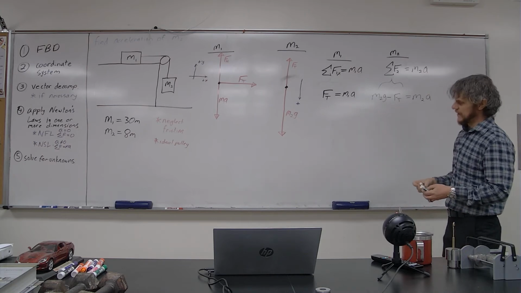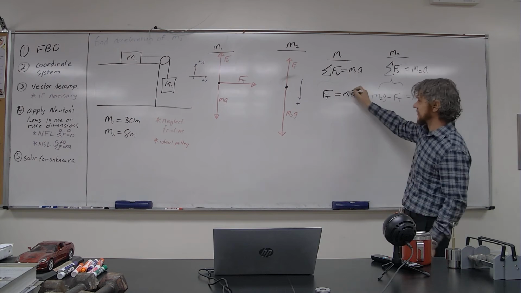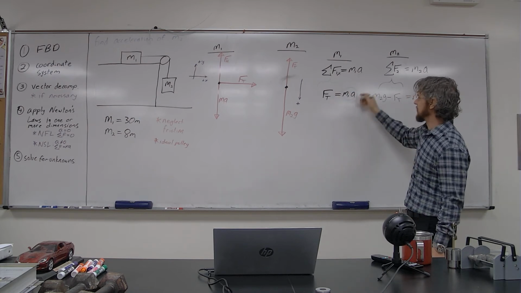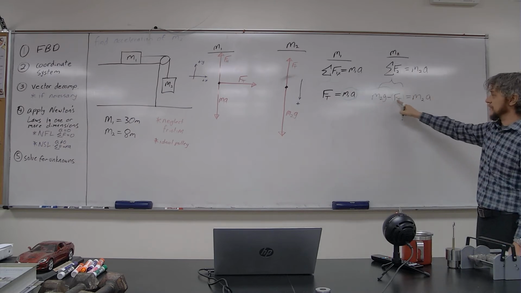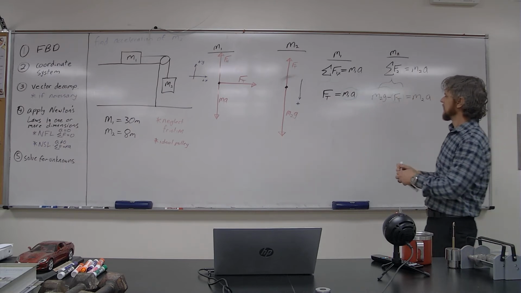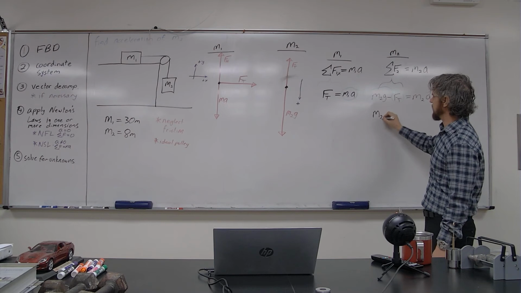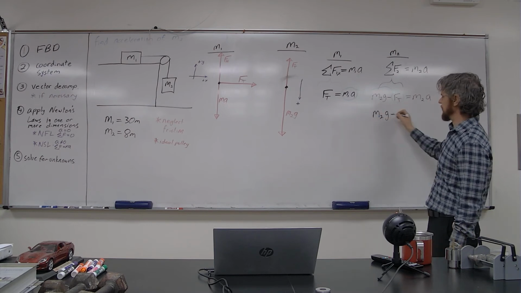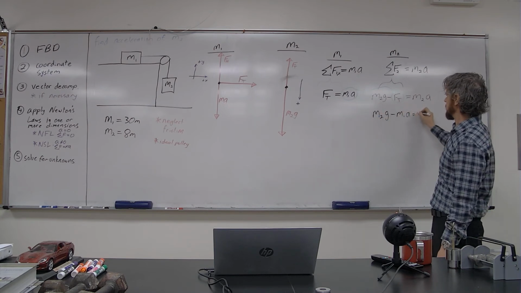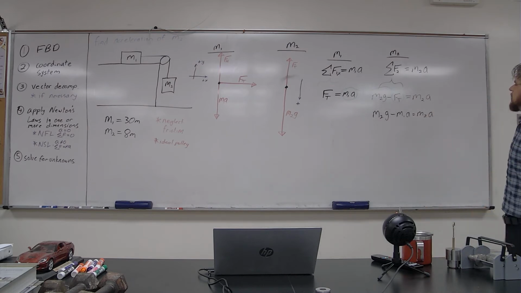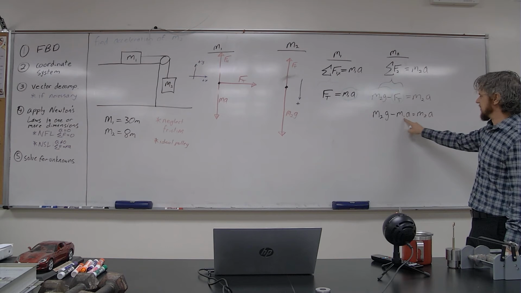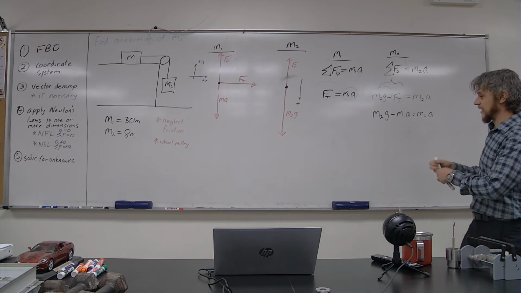I see the easiest way for me to do this one. I see that the tension force equals M1A, so I can plug in M1A for the tension force here. When I do that, I just rewrite M2G minus M1A equals M2 times A. Well, now I see two terms with acceleration in them, so I've got to combine them.